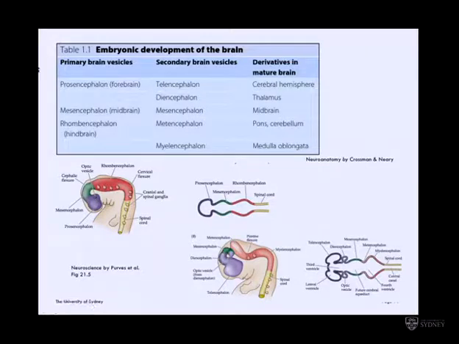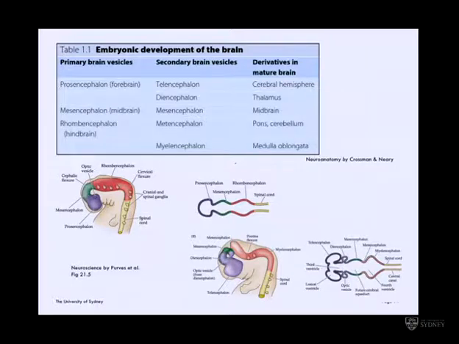And then as you progress, the mesencephalon's secondary structure remains as the mesencephalon. Okay, so if you're looking at it here, notice now that the prosencephalon has developed into a telencephalon, which will develop into the brain, and the diencephalon, which will develop into the thalamus. Then your mesencephalon stays as mesencephalon, develops into the midbrain.